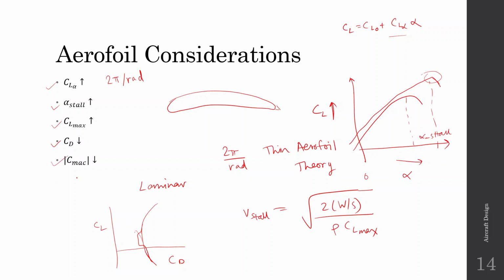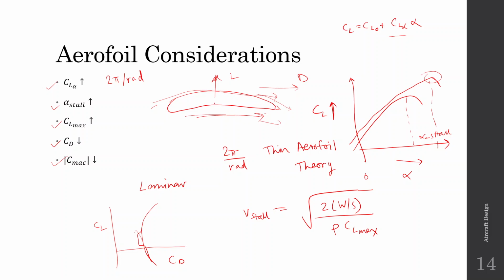The other thing that we want is Cmac to be low. When air passes over an aerofoil, it generates lift, it generates drag, but it also generates a moment. This is especially true for cambered aerofoils, because they force the air downwards, and that downward movement happens at the back.